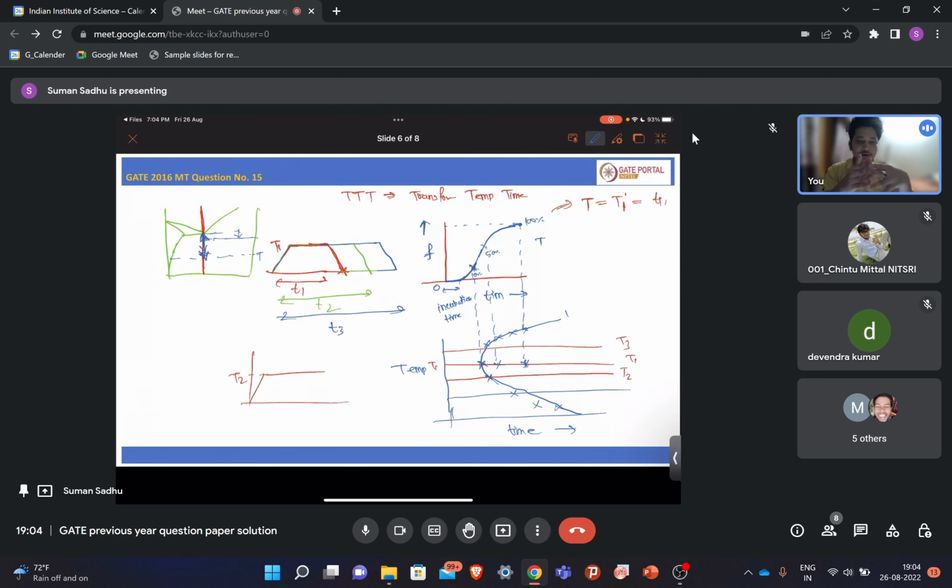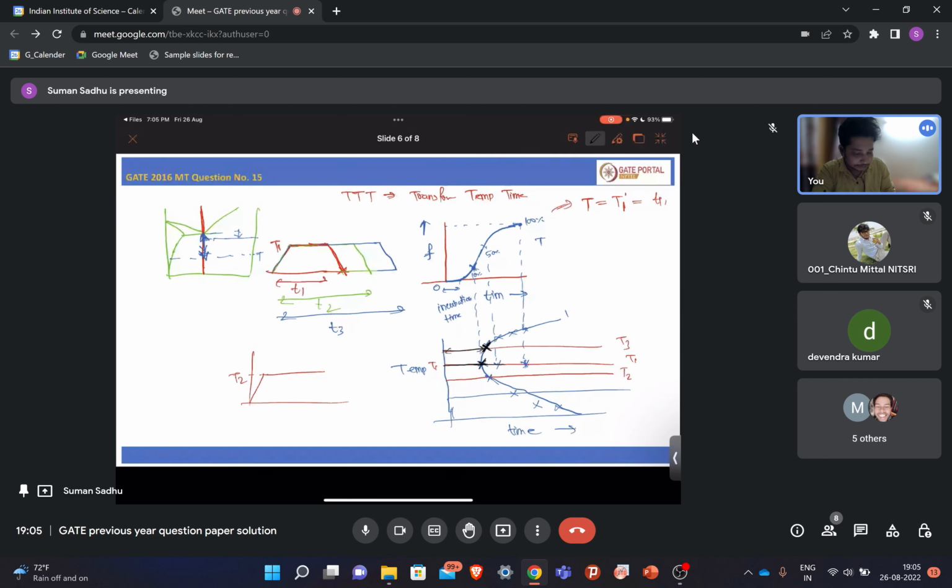So you will get one optimum temperature where the combination of nucleation and growth rate will be maximum. Let's say this point is this one. As you go above this point, your nucleation rate will decrease, growth will increase, but overall it will decrease. And that's why the time required for the same percentage of transformation will be higher.